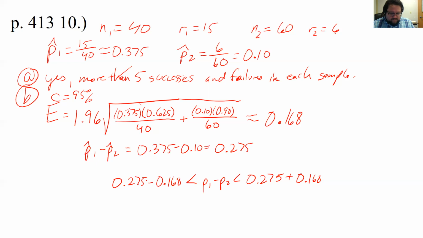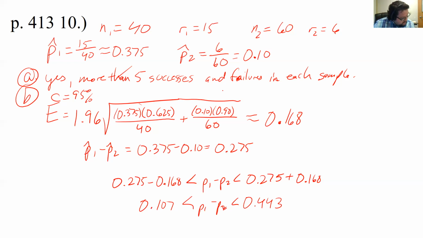So 0.275 minus 0.168, this difference is somewhere between 0.107 and plus 0.443. Notice both of those are positive.